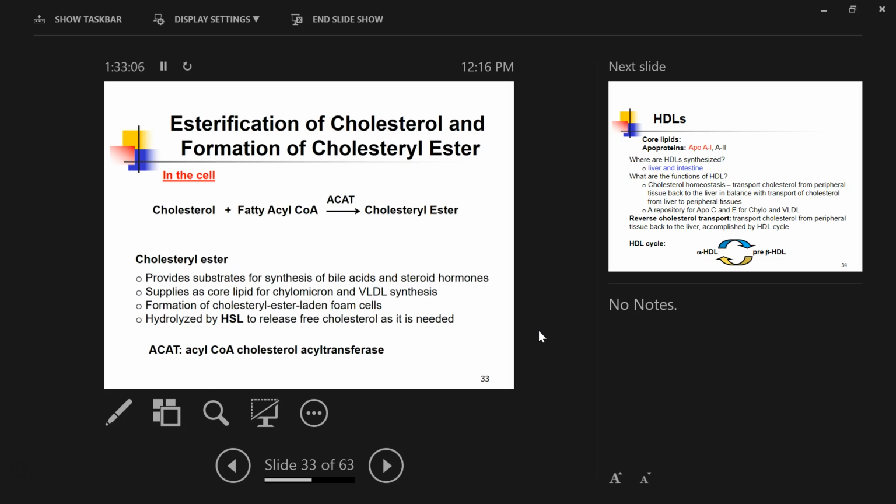Cholesterol ester can provide the substrate for synthesis of bile acid and steroid hormone, again depending on the type of cells, and this occurs primarily in the liver. Cholesterol ester can also provide the core lipids for chylomicron and VLDL synthesis.